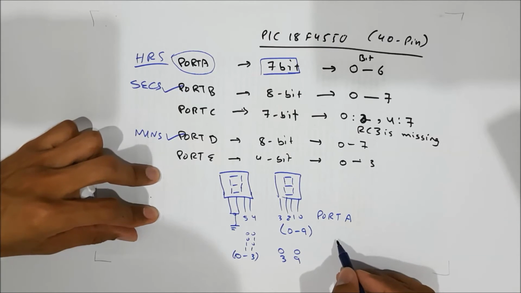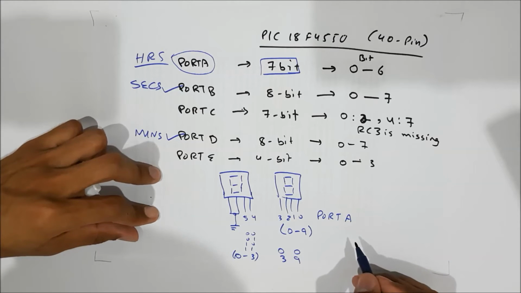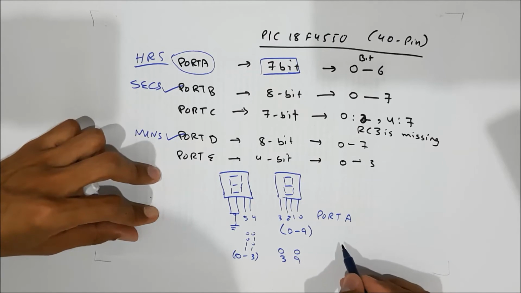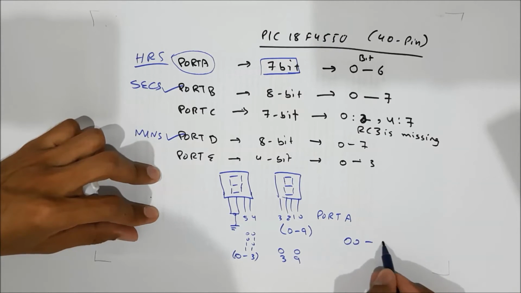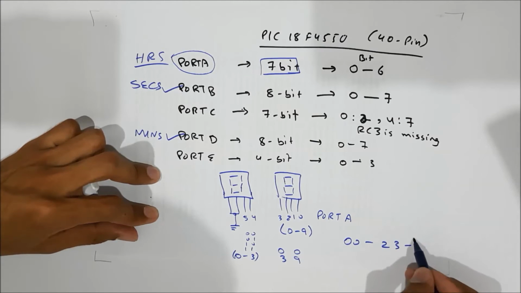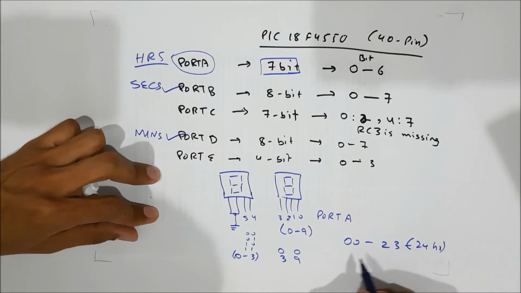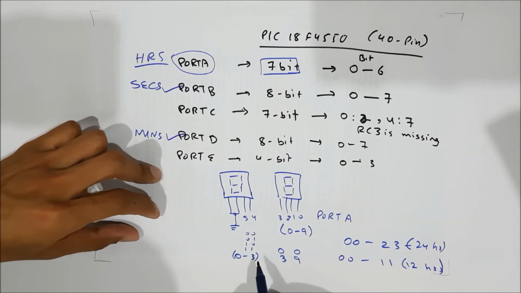But even in the 24-hour system we count from 00 to 23, and for a 12-hour clock we count from 00 to 11. So it serves our purpose.